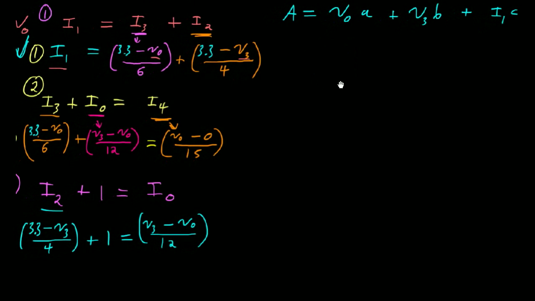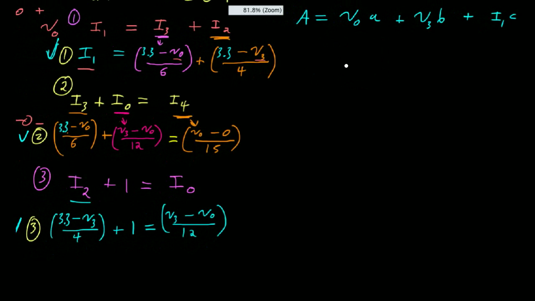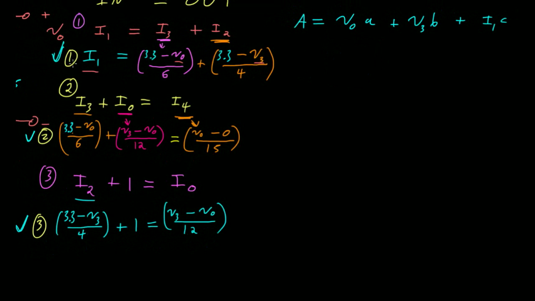I want to get each of these 3 equations into this form. Notice that capital A will be different for each of these equations, is equal to V0 times some other constant plus V3 times some other constant plus I1 times a fourth constant.